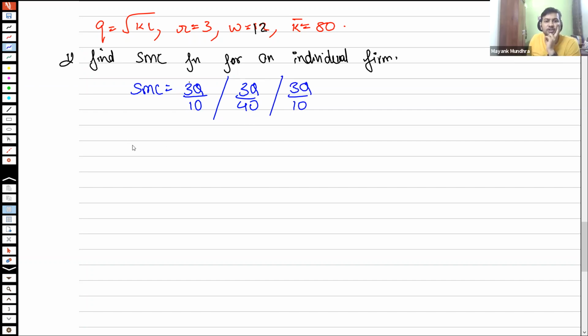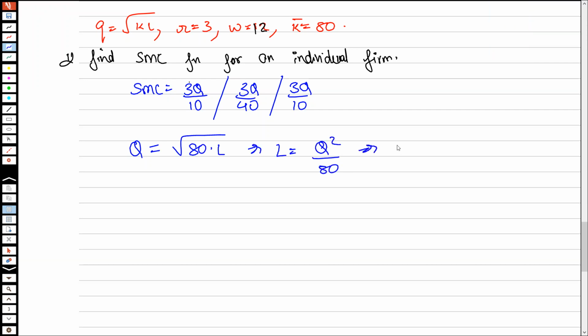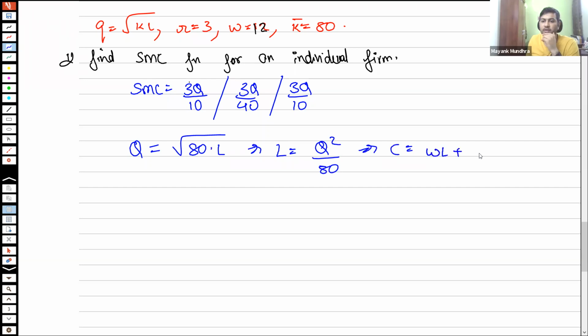So, cost function. First we have to find the labor demand for any quantity Q. If you are producing quantity Q, it should be Q equals root of 80 L, which implies L must be equal to Q square by 80. So cost must be equal to WL plus RK.